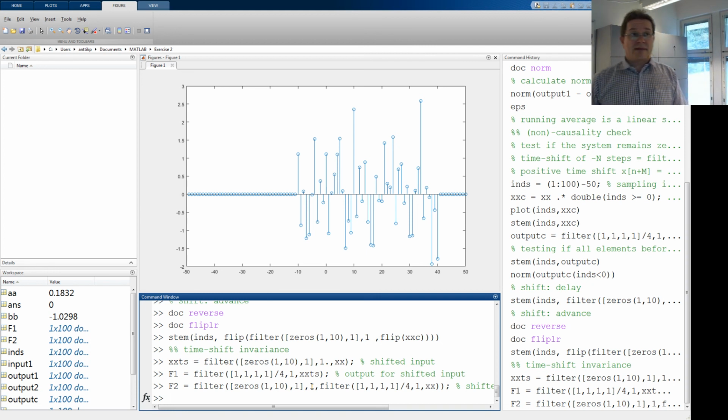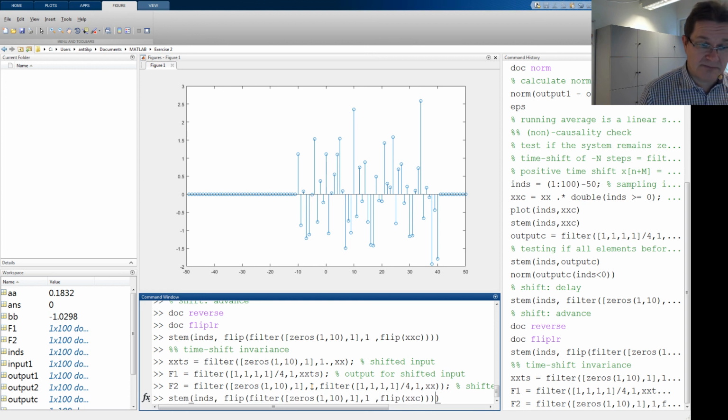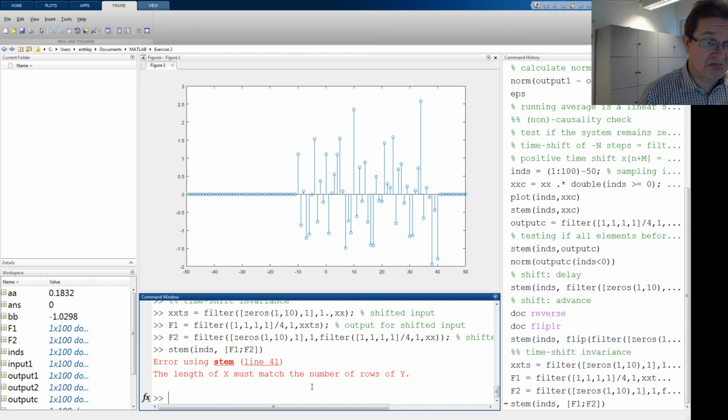All right, and there we have the artifact. Since we time shifted a signal here, and I used the original one without these zeros at the beginning, I actually added some zeros to the data. So now the question is, are these the same? Maybe, maybe not. Well, let's stem these. Does it go like this?